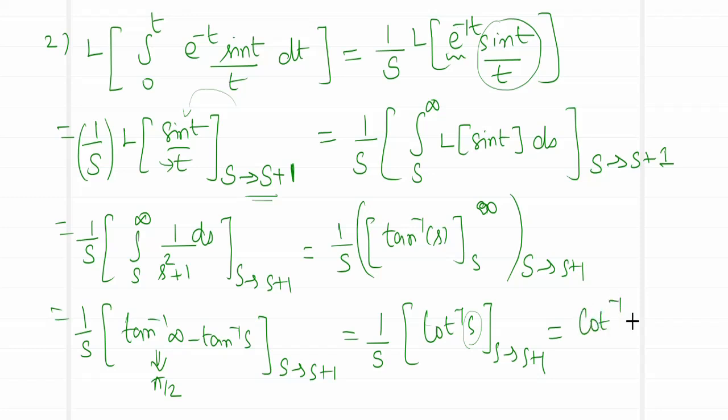This s gets replaced as s plus 1 by the exponential operator. And what is outside already? We have a 1 by s. So this completes the action of all the three components: 0 to t, e power minus t, and division by t. The three rules which we saw as properties earlier got applied. Integral means replace it with 1 by s. Exponential means shift it by a units. Division by t means integrate from s to infinity.